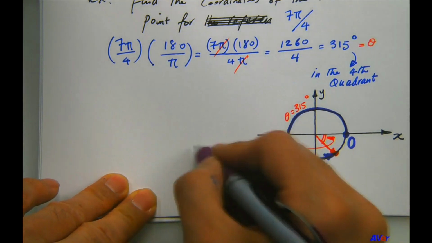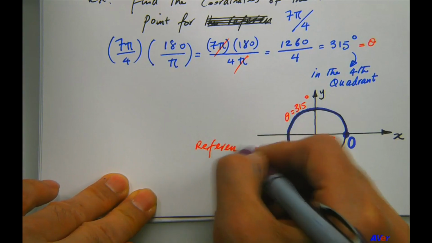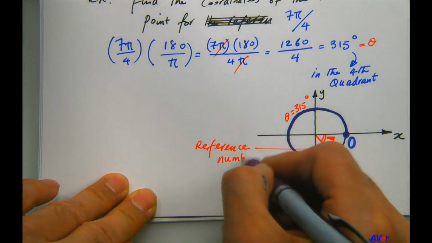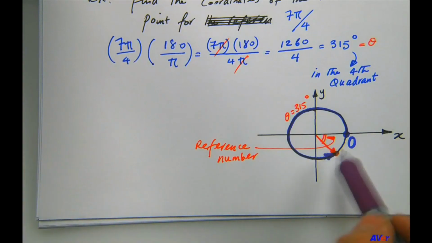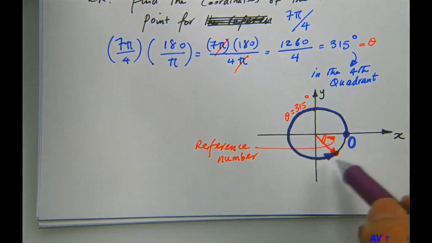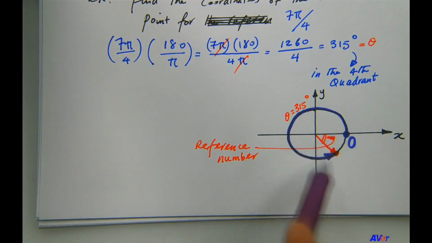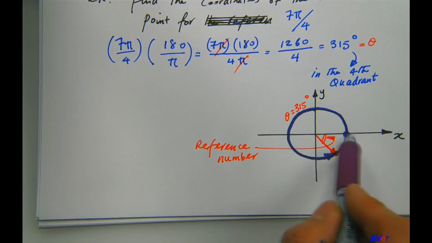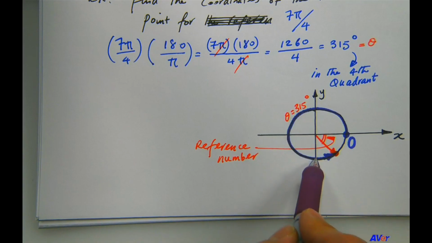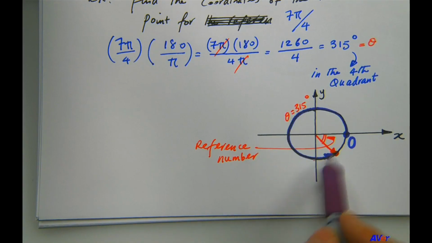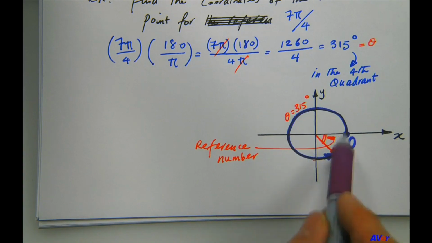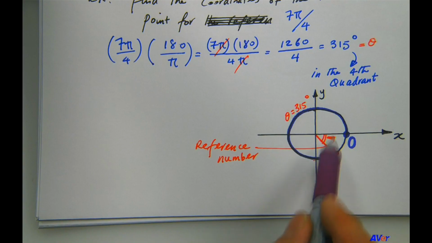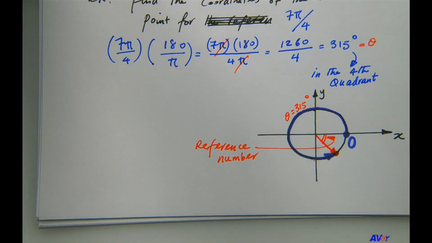If this is 315 degrees, then that should be 270. From here all the way to here is 270. Plus another 45 degrees will give us 315, which means we have another 45 degrees to go before we hit the x-axis, right? So this reference angle is 45 degrees.